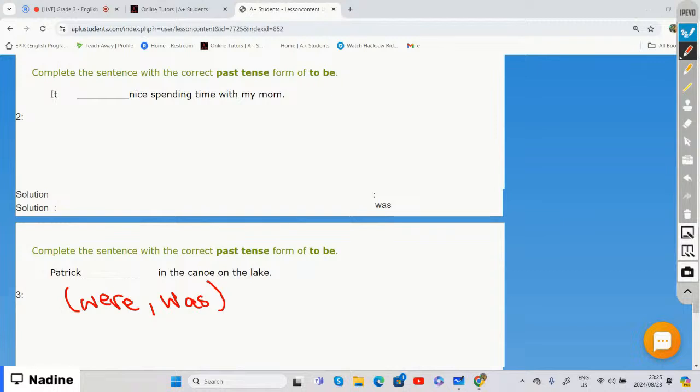So Patrick were or Patrick was in the canoe on the lake.